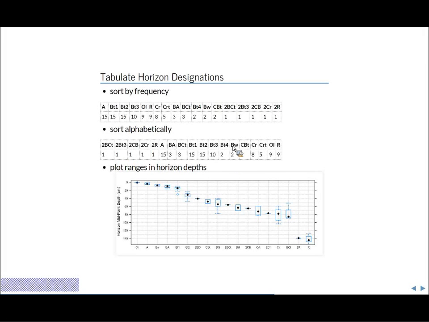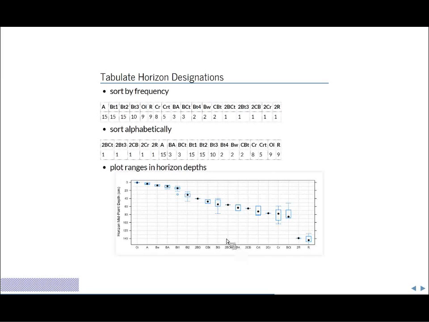Another way of viewing these data, using the box and whisker plots that we just talked about, is to generate a box and whisker plot representing the ranges in horizon midpoint depth for every one of the possible horizon designations.